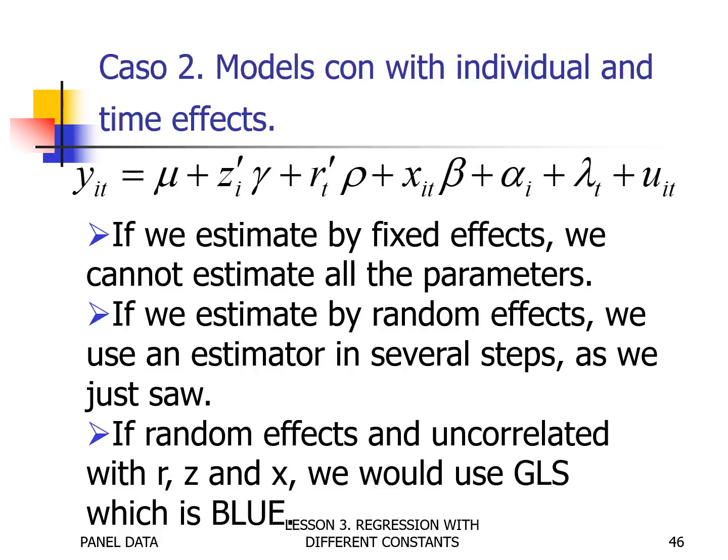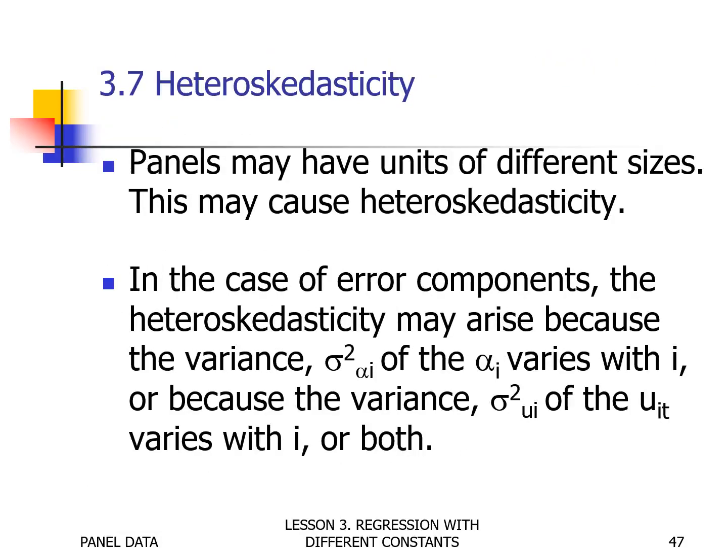If we use random effects, we can use an estimator in several steps, and if the random components are uncorrelated with R, Z, and X, we would use generalized least squares. So in principle, this is similar to what we have seen.